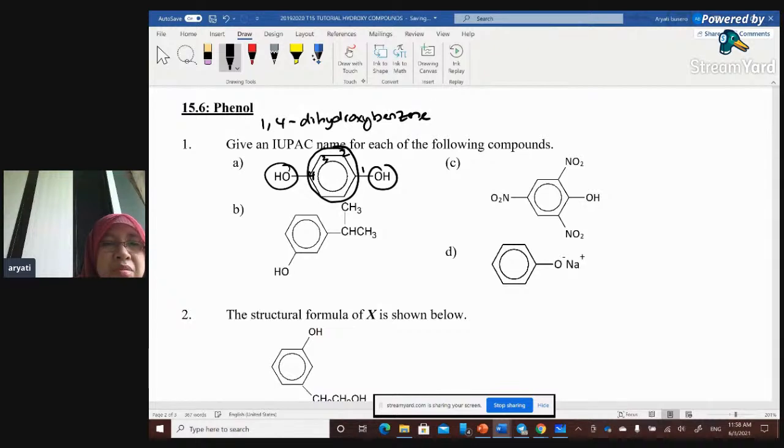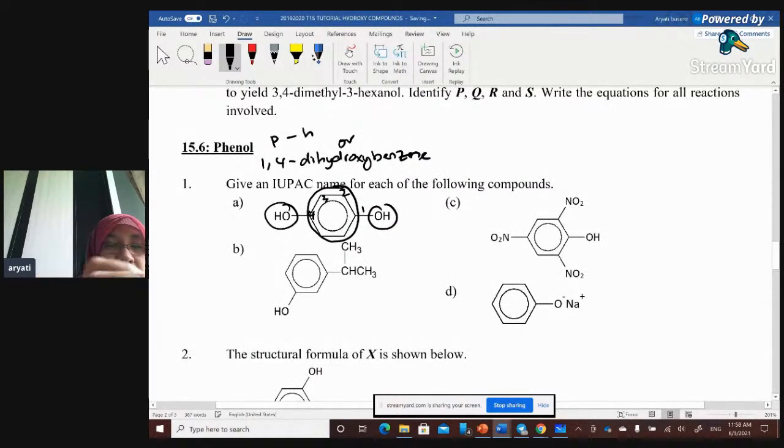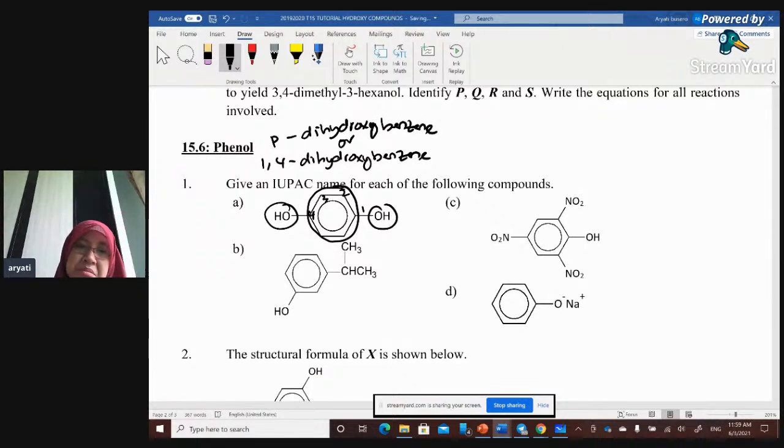Ataupun combination 1,4 is para, sebab ada 2 hydroxy, para-dihydroxybenzene. Okay, B.